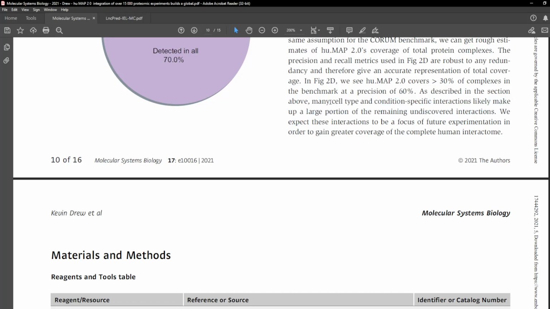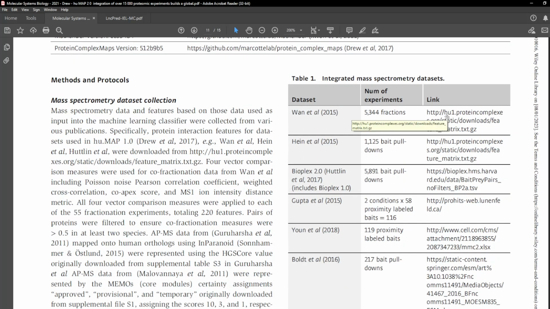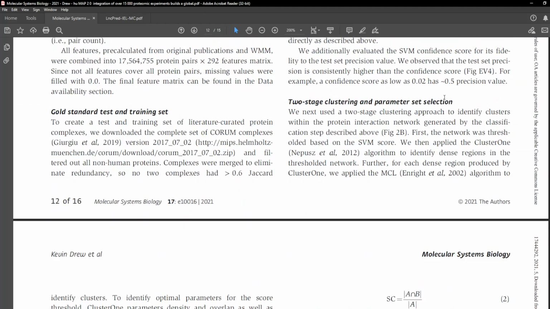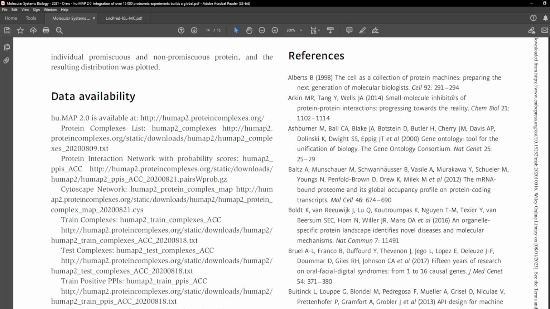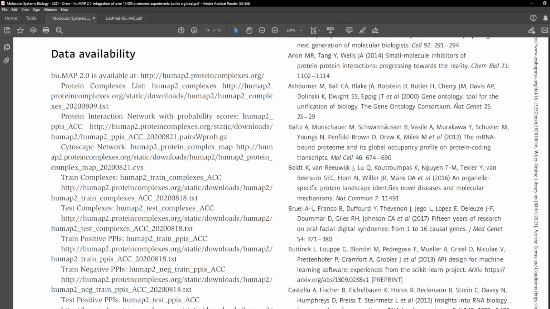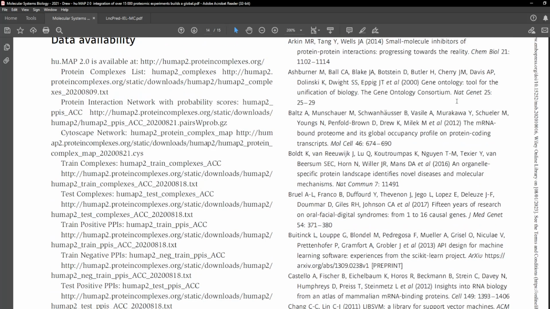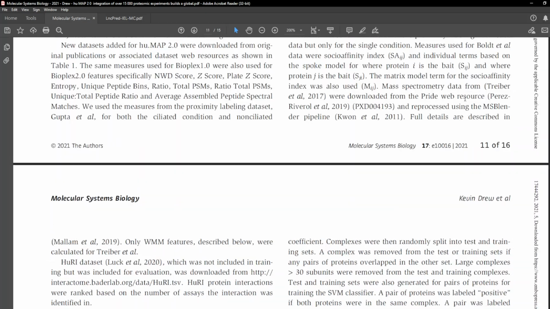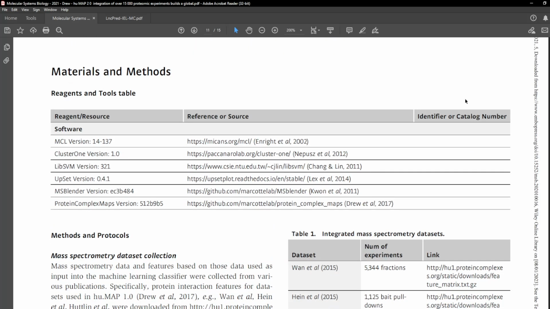UpSet version 0.4.1, https://upsetplot.readthedocs.io/en/stable/, Lex et al., 2014. MS Blender version EC3B484, https://github.com/marcottelab/msblender, Kwon et al., 2011. Protein Complex Maps version 512b9b5, https://github.com/marcottelab/protein_complex_maps, Drew et al., 2017. Open in a separate window.